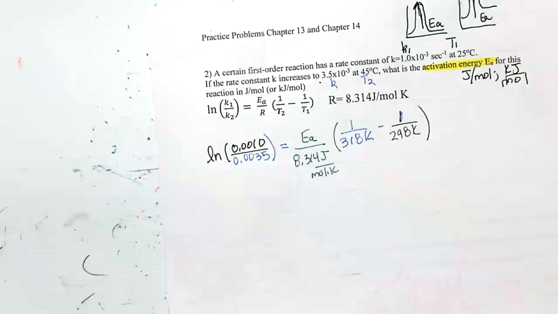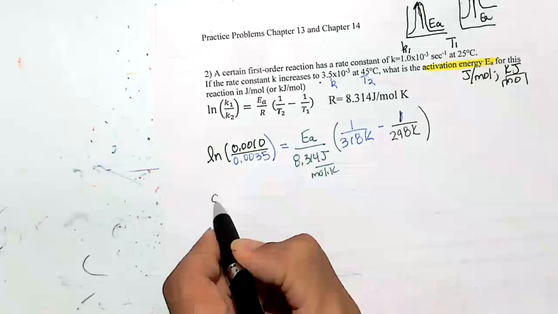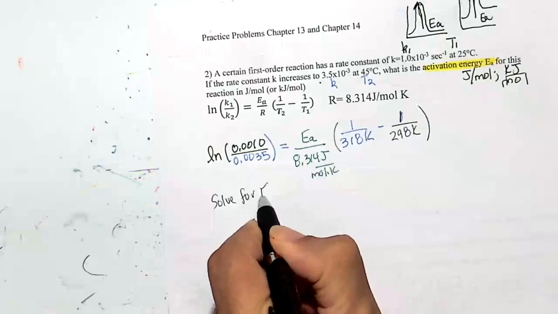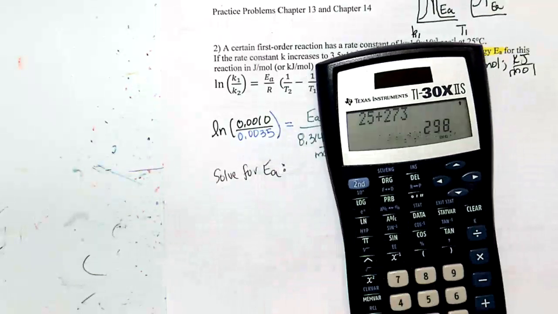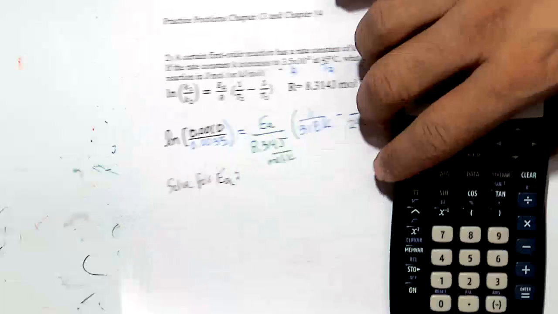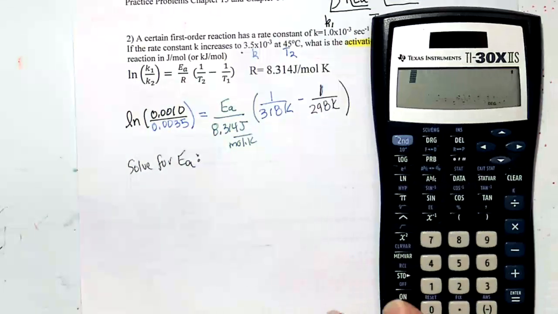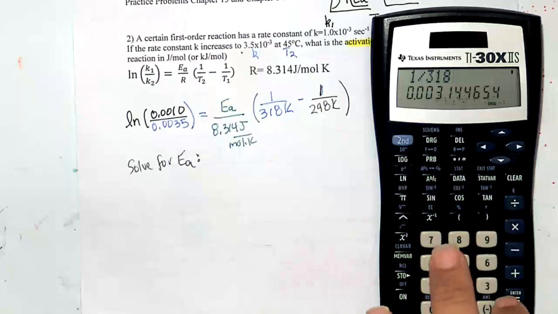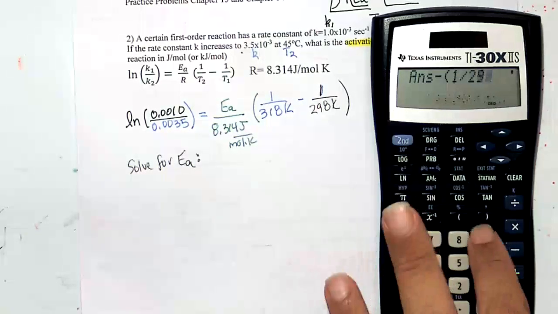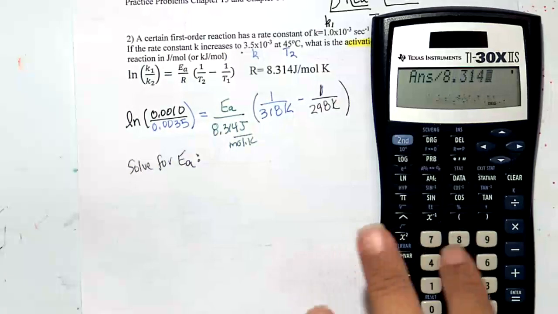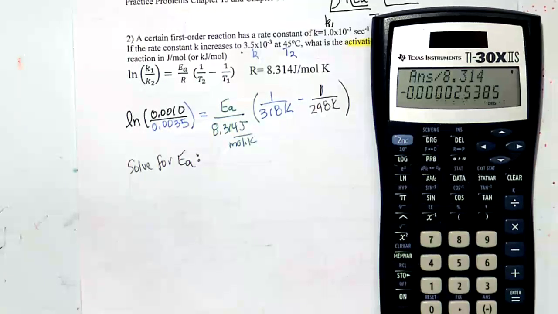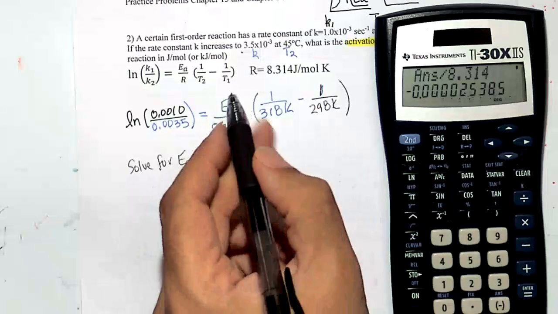All right, so are you guys comfortable in solving for EA? Okay, this is also called the activation energy. So it's going to be 1 over 318 minus 1 over 298. Let's do this fraction together. So you can do this with me on the calculator. 1 divided by 318 minus 1 divided by 298 is this number, divided by 8.314 is this number here.